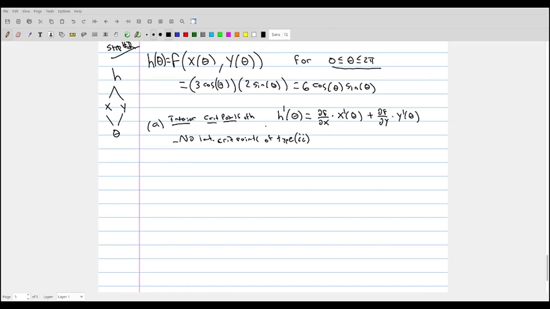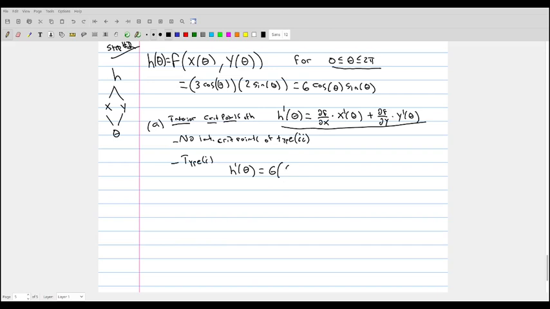And using either the multivariable chain rule here for h, or the normal single variable derivative of this function, you can go through and figure out how many there are of type 1. We'll just do the normal derivative of the function, 6 times cosine theta sine theta, which is going to require the product rule here.